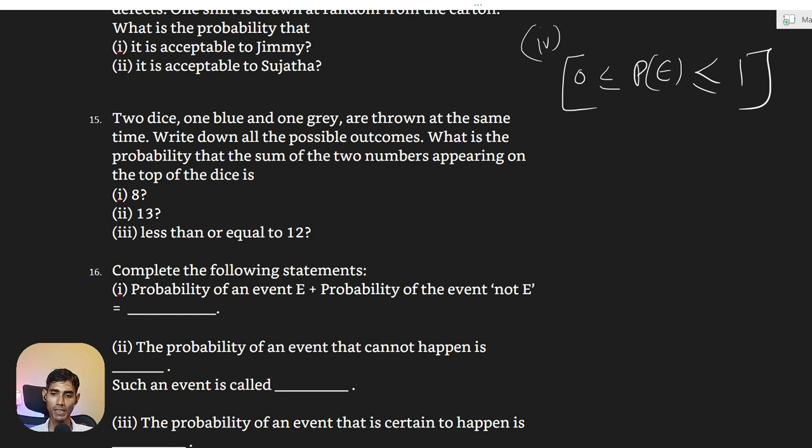So what is the sample space? Total outcomes. What are the possibilities? Sample space.